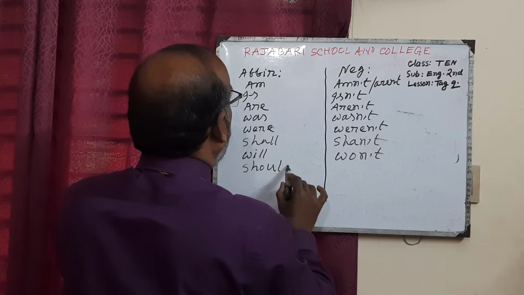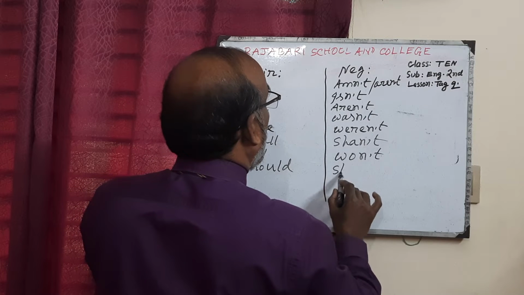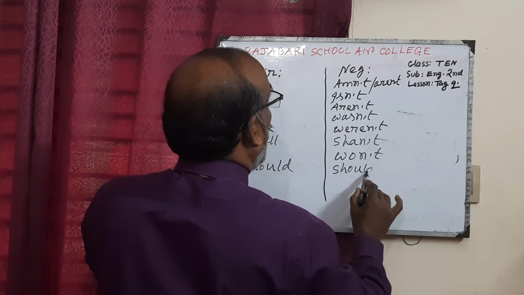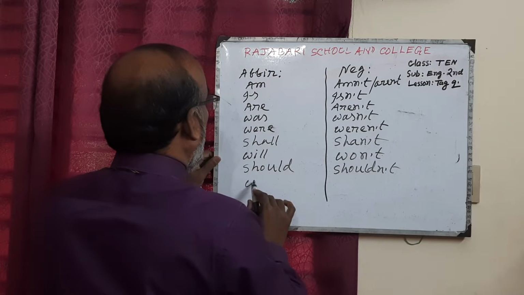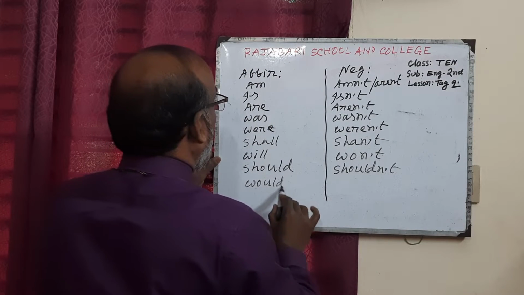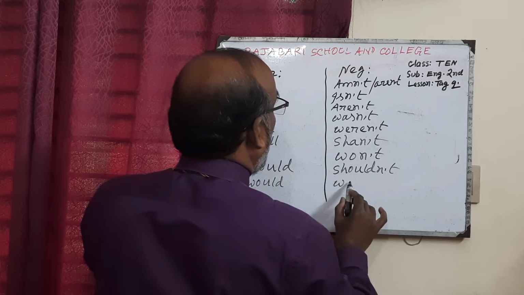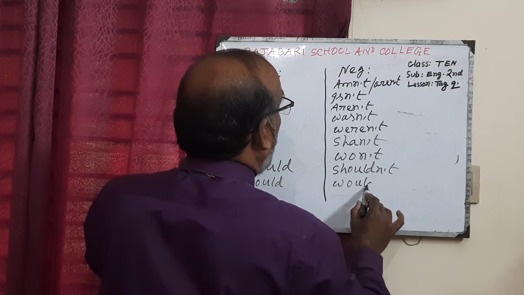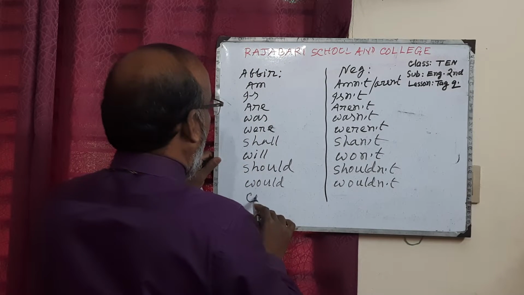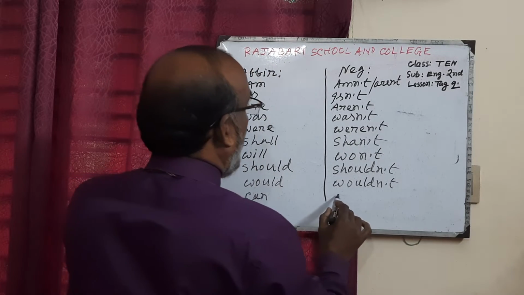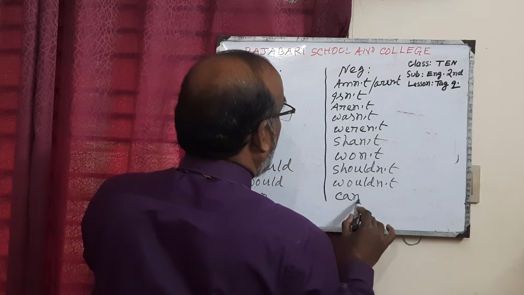Should will be shouldn't. Would will be wouldn't. Can will be can't.